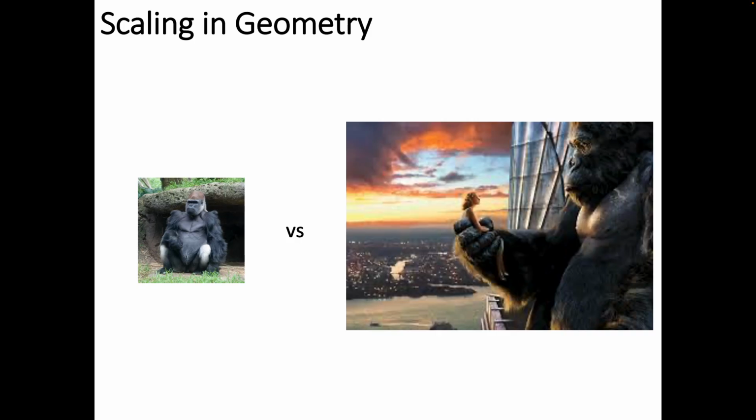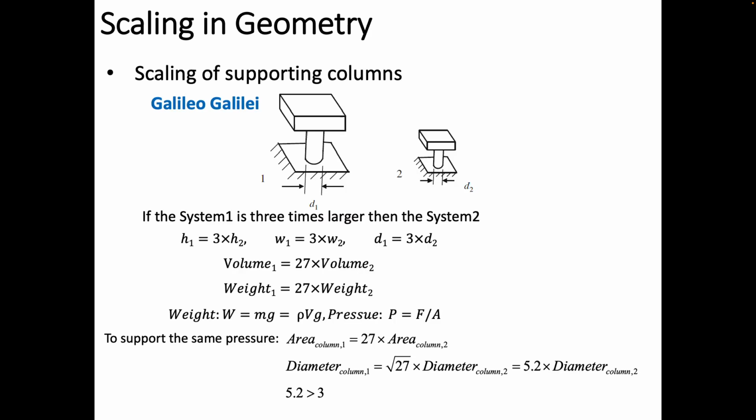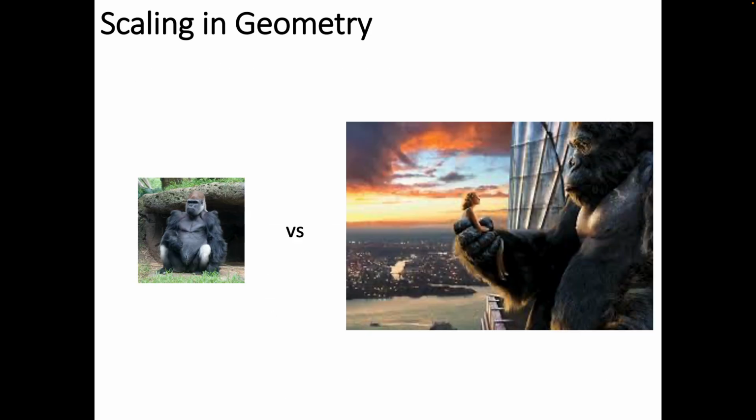If we scale all the way up, including leg and body, the leg cannot really support the body weight. So in order to withstand the same pressure, you have to scale the leg by a larger fraction to support the same pressure. That is essentially what we found out yesterday.